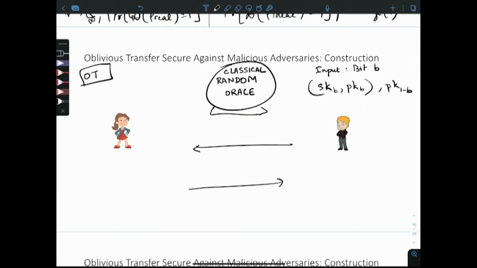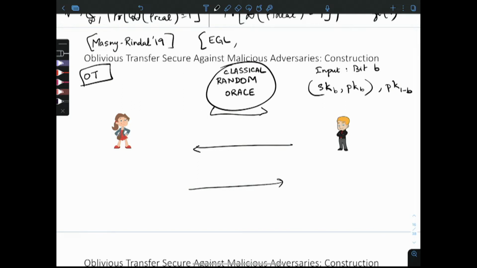The way this is done with the help of random oracles is a recent work of Masny and Rindal, 2019. And let me also say that this follows a long line of works that build OT, starting with El-Gamal, Naor, Pinkas, Kalai, Halevi, and Micali.